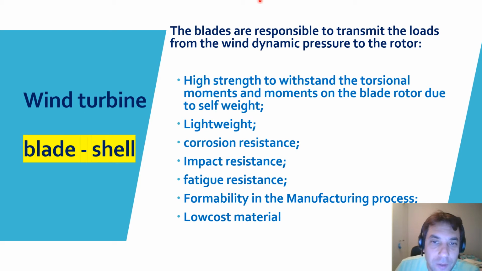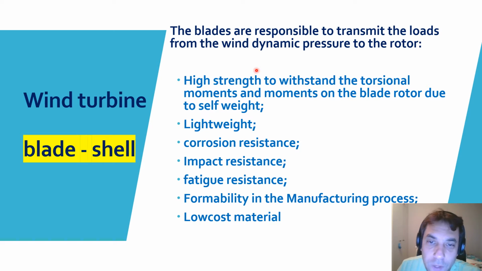For the selection of materials, we must know some functions and requirements that we will need in order to make the best selection of material possible. For the wind turbine blade, I highlighted some points that we will discuss as requirement functions for our material selection.